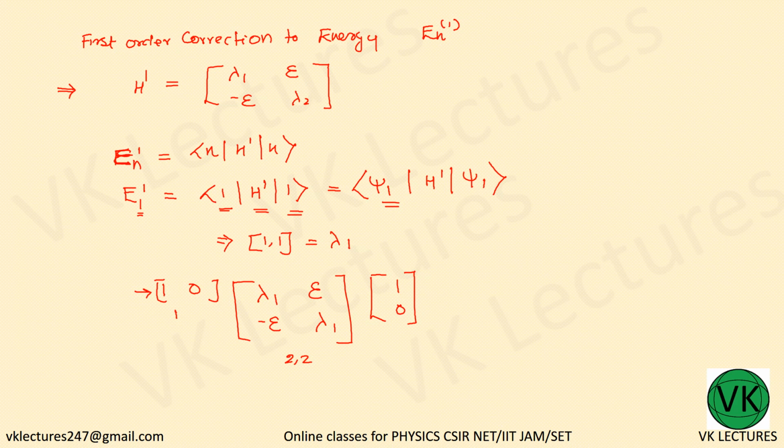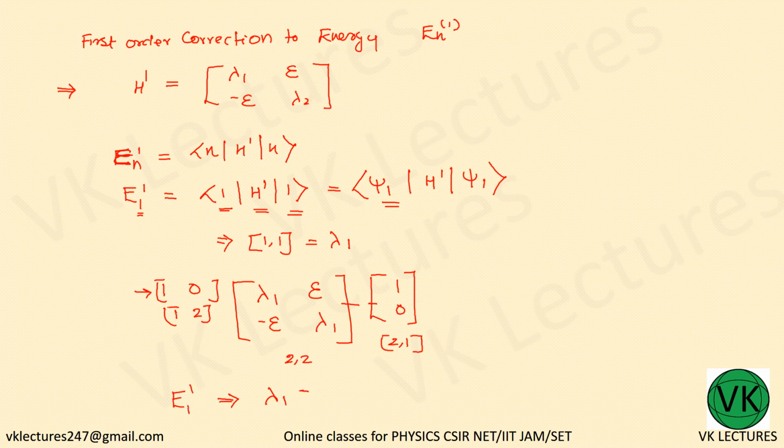Rows is 1, column is 2. This is one column, rows is 2, column is 1. So multiply these two vectors, that is this and this, and then multiply by 1 0, and what you will arrive at is lambda 1. So lambda 1 is the first order correction to the first state.